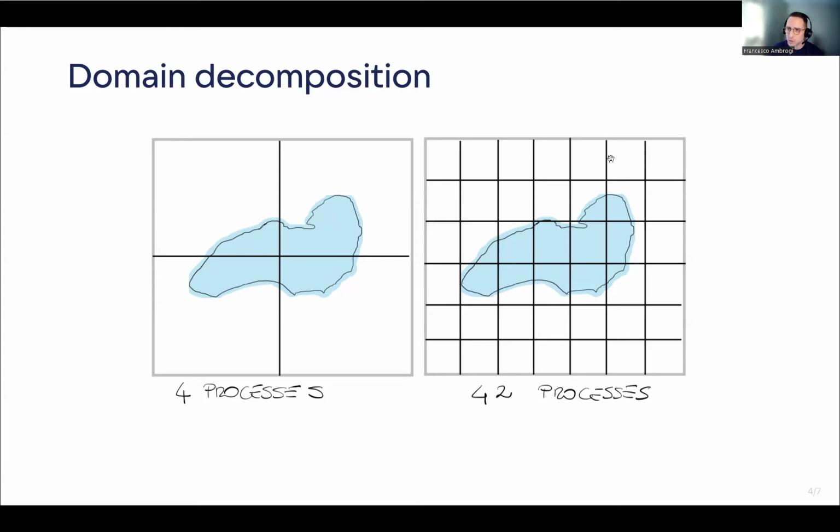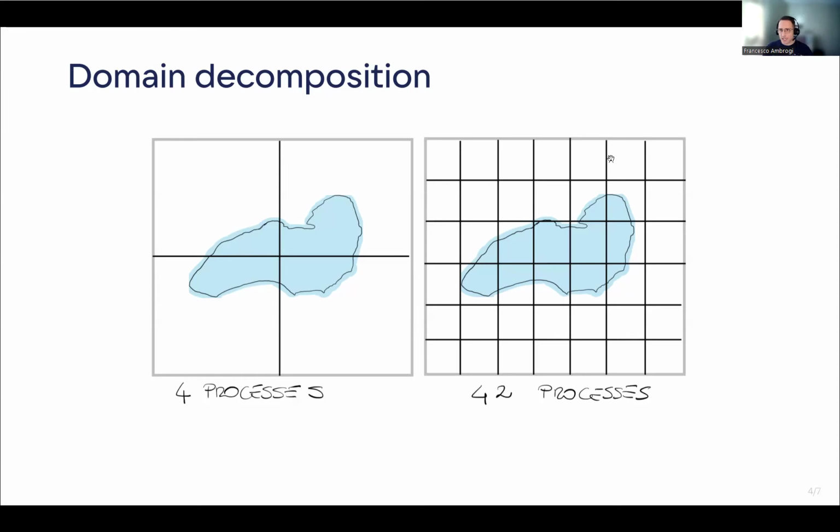On the left side, you split the problem into 4 processes. On the right side, on the other hand, we split the problem into 42 processes. You might think that by splitting the problem into 42 processes, I'm going to reach the solution a lot faster than with 4 processes.